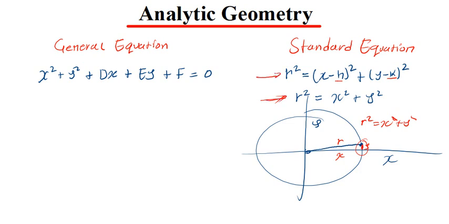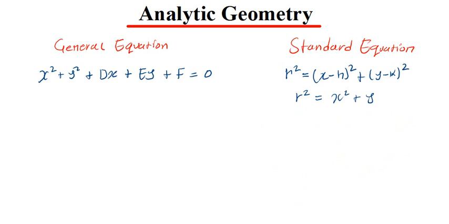Yeah, so that's the main difference between this equation and this equation. The equation that we have right here, let me call this 1 and this 2. So equation 1 contains equation 2. Equation 2 only contains itself.